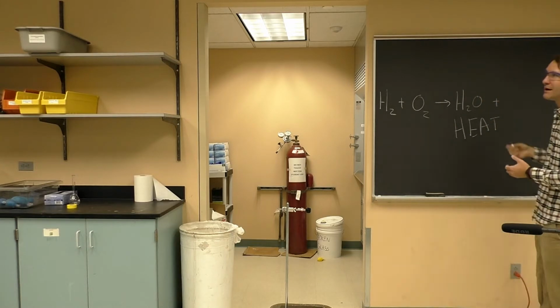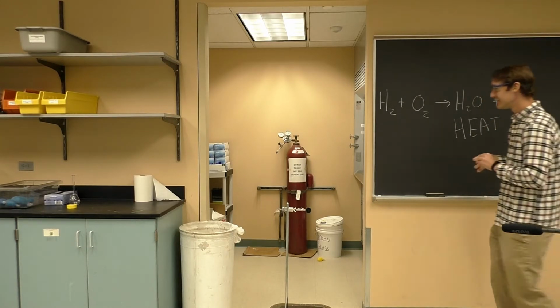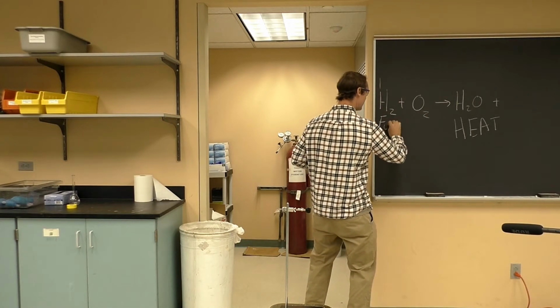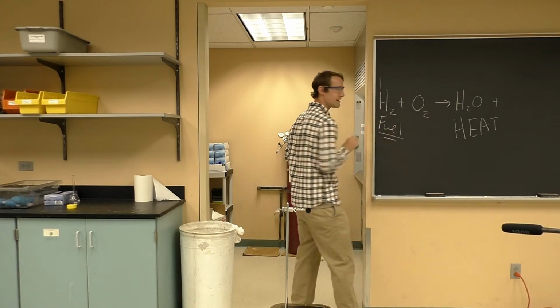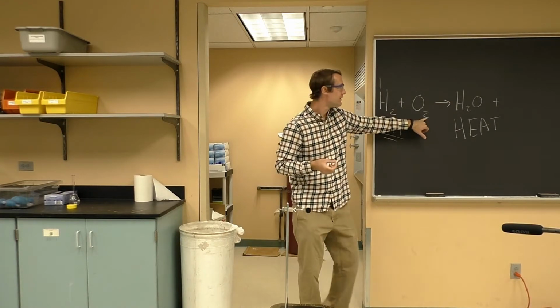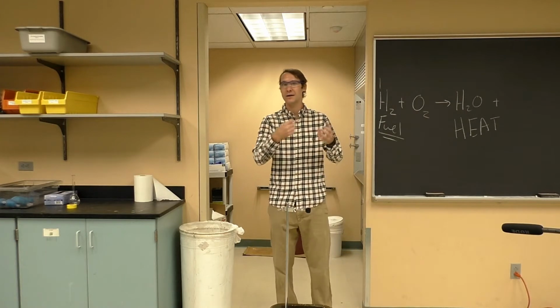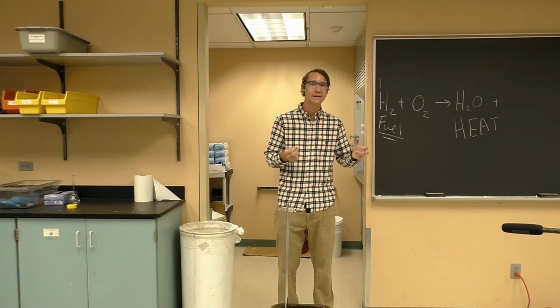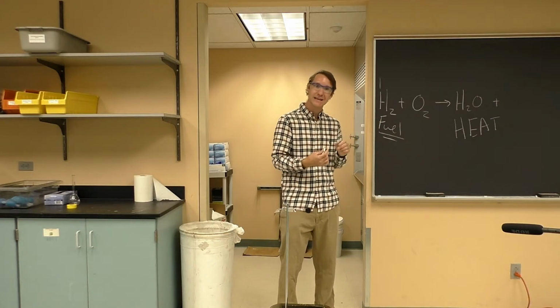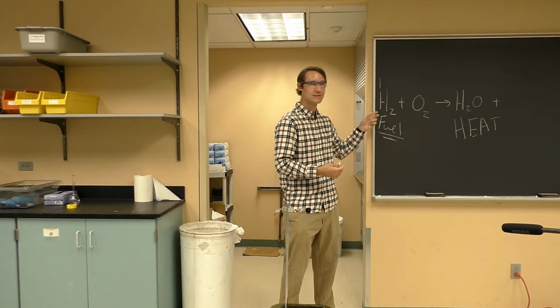This is called combustion. For any fire, you need three things: fuel, hydrogen in this case. You always need oxygen, and they can react to make water and heat. And so when you burn wood in your fireplace, the wood is the fuel. When you burn gasoline in a car, the gasoline is the fuel.